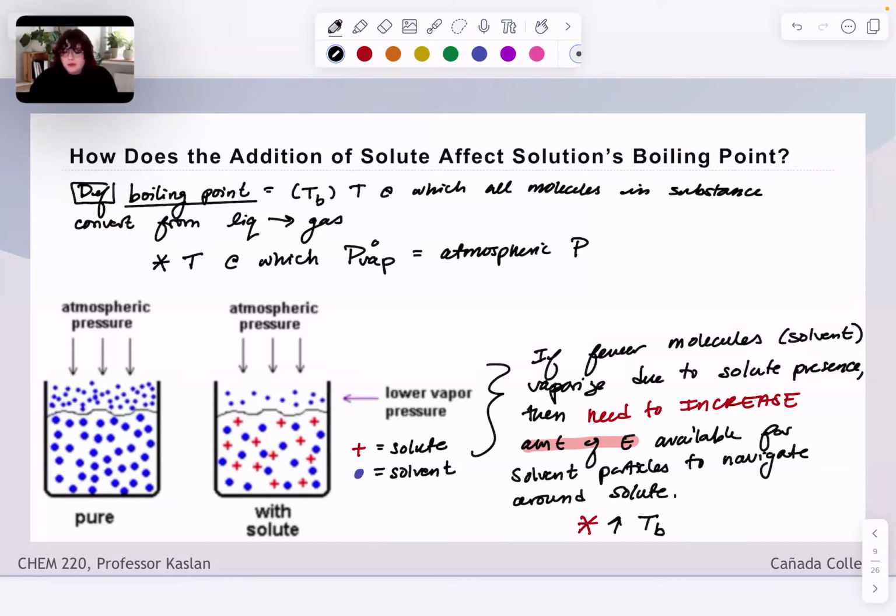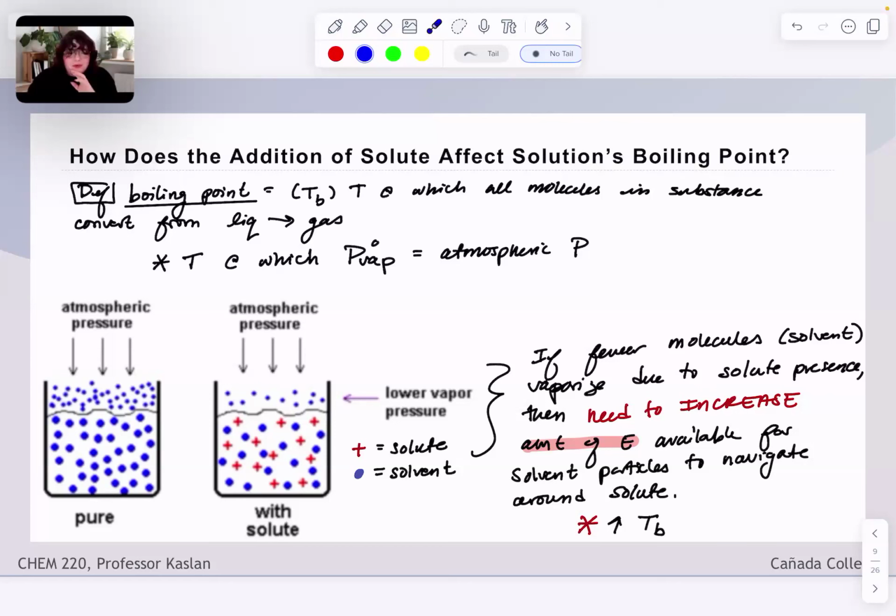So our solutions are going to have different boiling points because we need to give those solvent particles more thermal energy to convert into kinetic energy so they can navigate around the solute and finally have every last one of them escape into the vapor phase, which is the point we call boiling. It's the exact same idea. There's a reason why I said this is related to vapor pressure lowering.